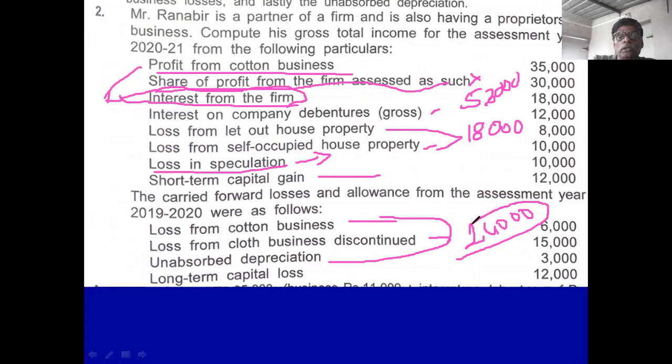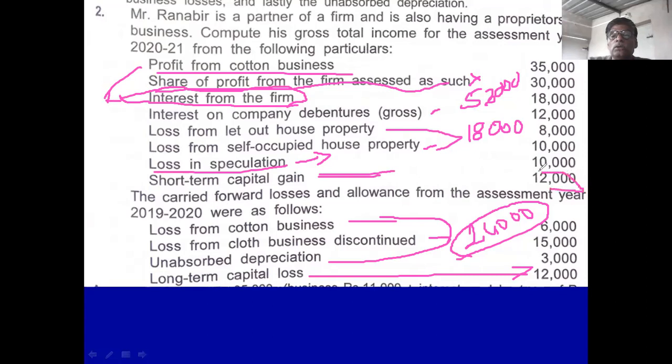This loss you adjust in the business income. Business income is 53,000. From the 53,000, you deduct 24,000. Whatever balance comes, that is the income from business. And long-term capital loss of 12,000, you have to adjust in the long-term capital gain only, not in the short-term capital gain.